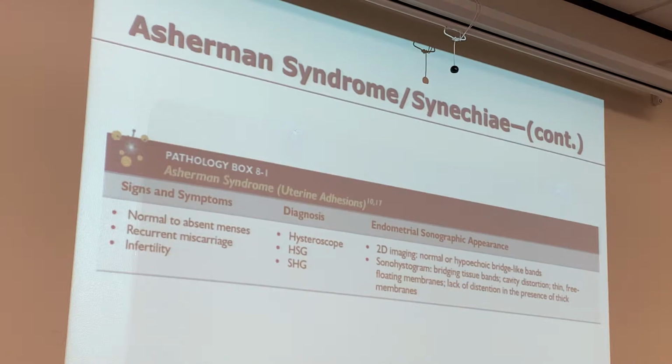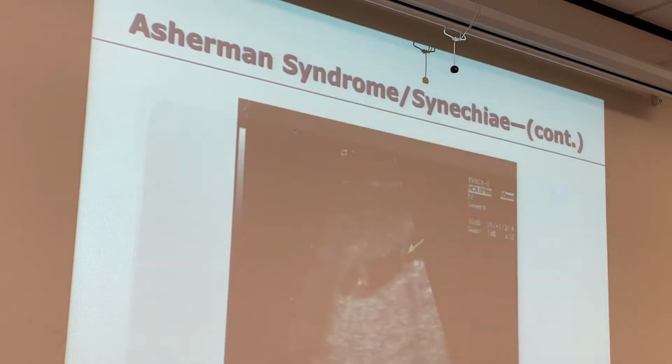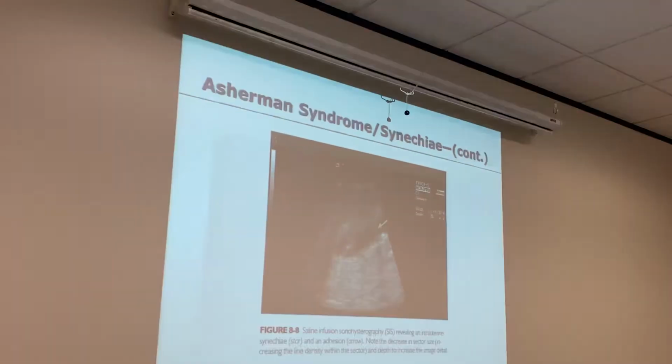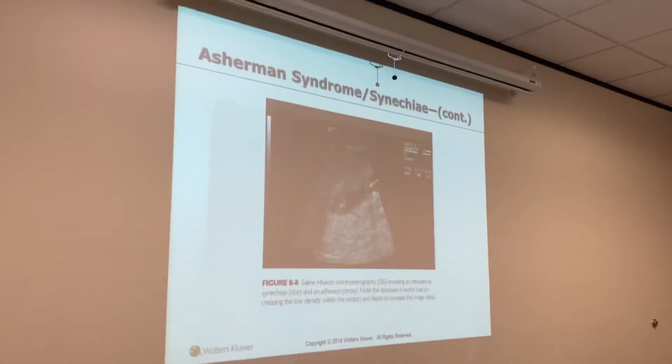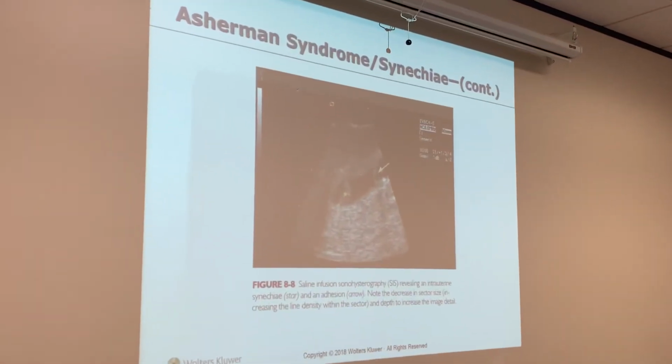Okay? So an HSG is a diagnostic exam that we do inside sonography. We're the ones that set up the trays for that. You'll need a speculum, you'll need the catheter, you'll need a couple of syringes, 10 cc syringes, and you'll need a bottle of saline. Here they have put water inside the endometrium.